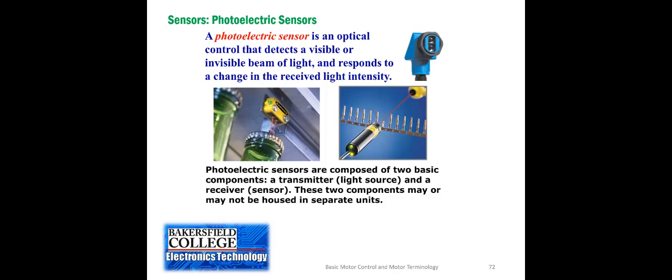It uses a beam of light on one side from a transmitter, a light source, and a sensor or receiver on the other side, which is a device that senses light. When the beam is broken, that creates the tone so that they know that somebody has walked into the store.